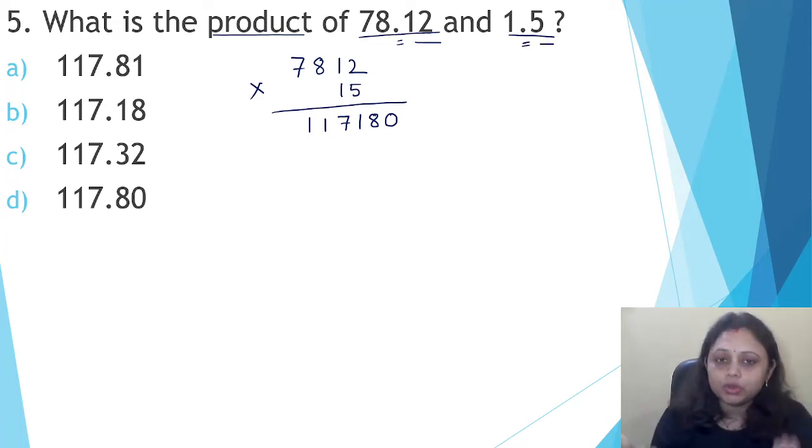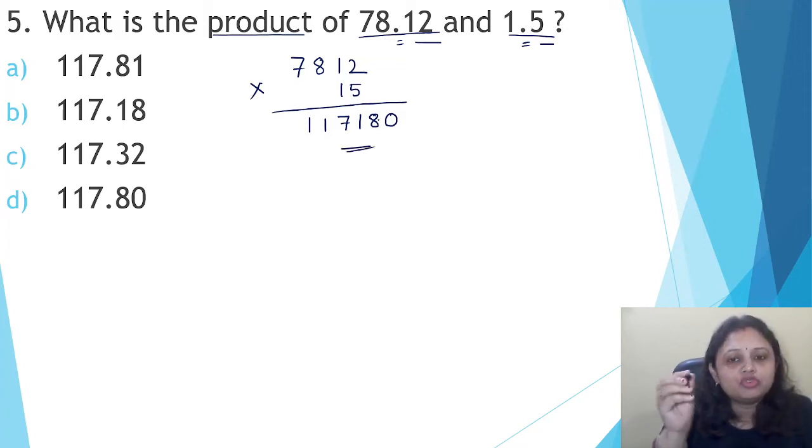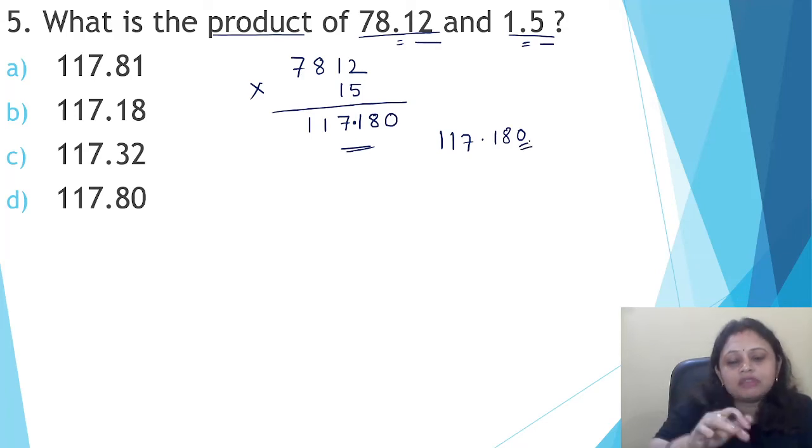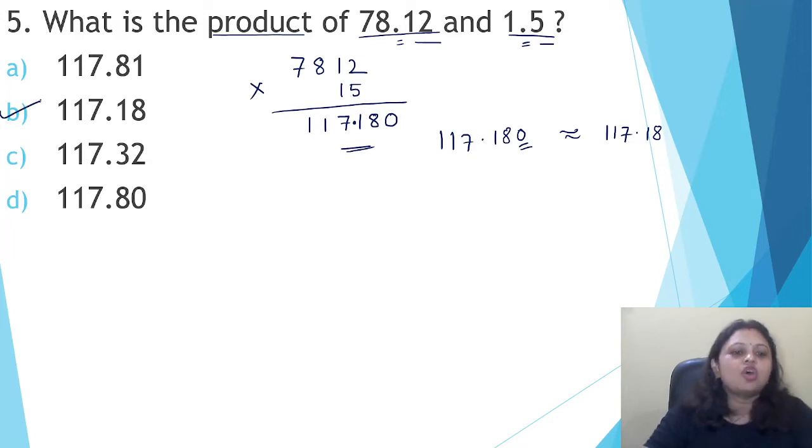That means in total after decimal 3 digits are there. So whatever product we get, we have to write 3 digits after decimal. So that will be 1, 2, 3. We have to put decimal. Okay, so the answer is 117.180. And you know that on the right hand side after the decimal, the 0 has no value. So we can write it as 117.18. So the correct answer is option B.